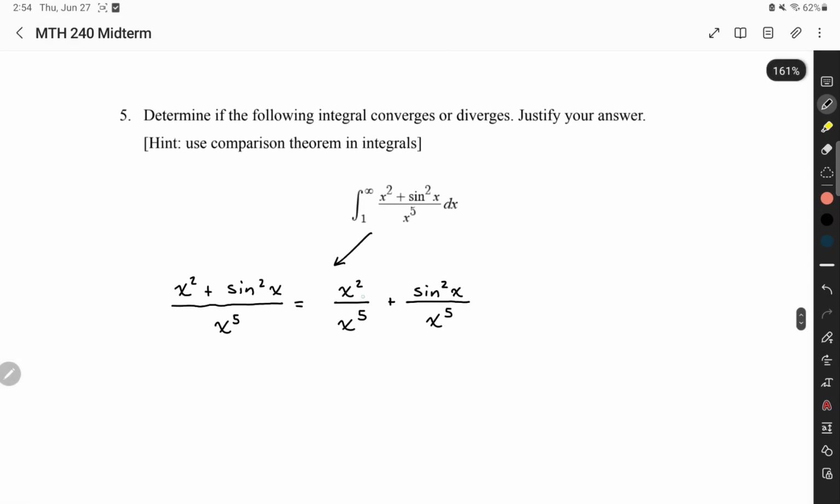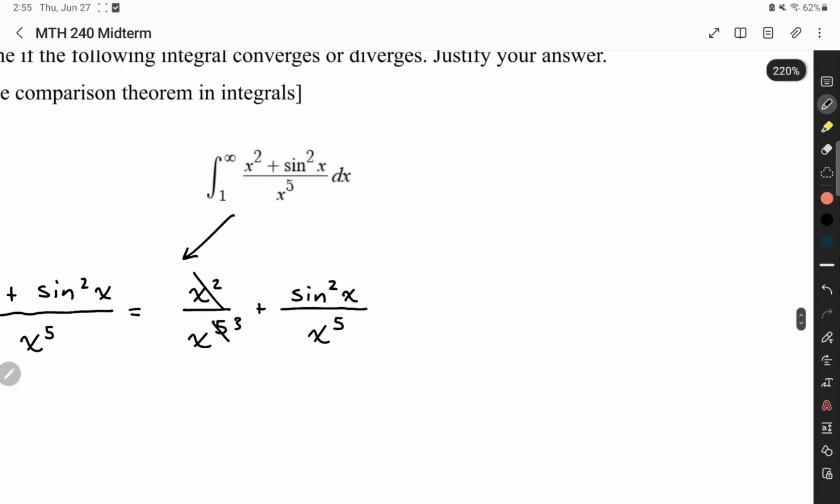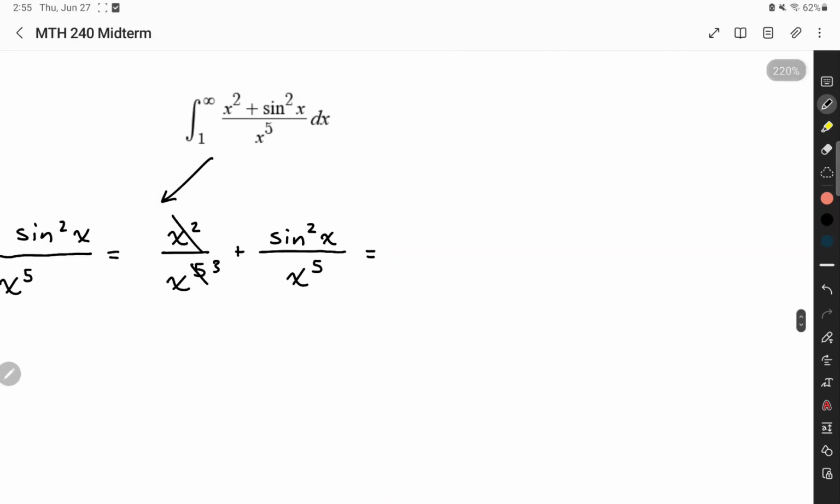And so we know that x squared over x to the power of 5 cancels out, which leaves us with 1 over x cubed. So that is equal to 1 over x cubed plus sine squared x over x to the power of 5.